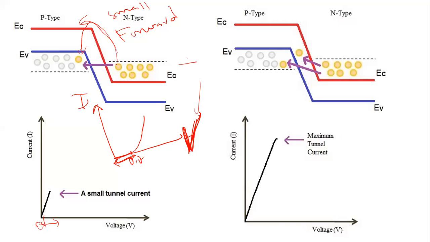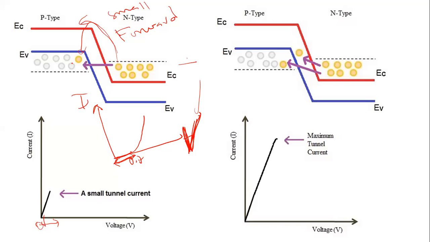The electrons, even if they have less energy than the barrier potential energy, when the barrier width, the depletion width, is very thin, can easily penetrate through the depletion width, the potential barrier there, at the p-n junction. Okay, so the process is called quantum mechanical tunneling.